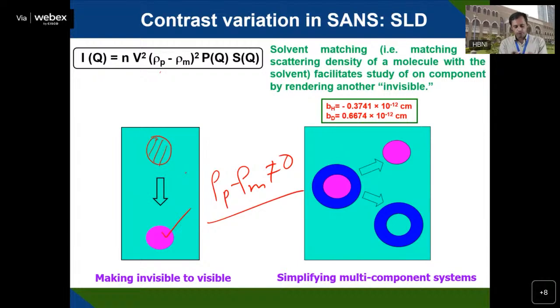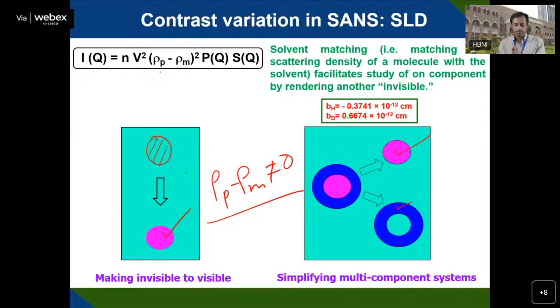If the scattering length of the solvent is different from that of the particle, you'll be able to see it. You can see the core-shell structure here. If you want information about both core and shell, you design your experiment such that to see the core, the shell effect has to be nullified, and to see the shell, the core effect has to be nullified. You choose a solvent for solvent matching, matching the scattering density of a molecule with that of the solvent.